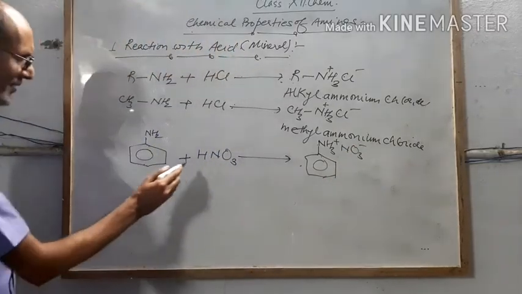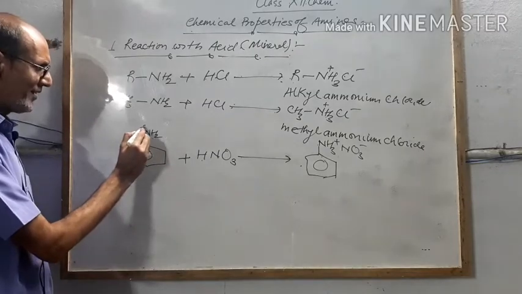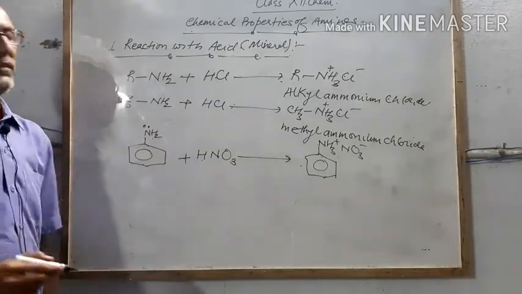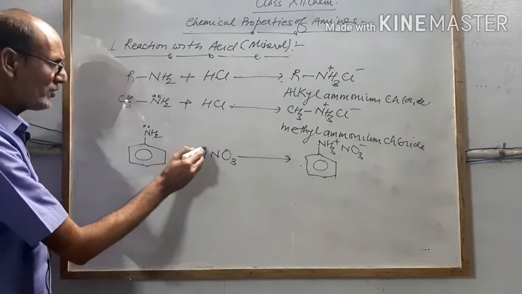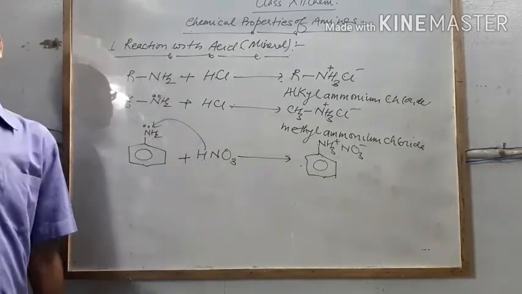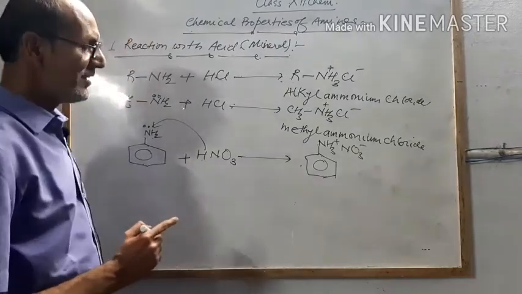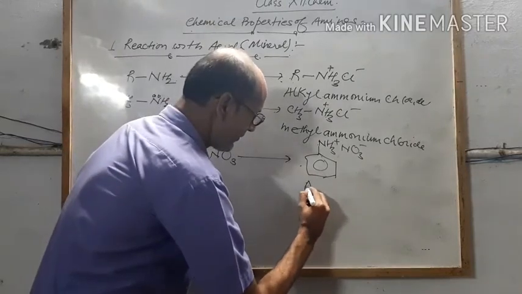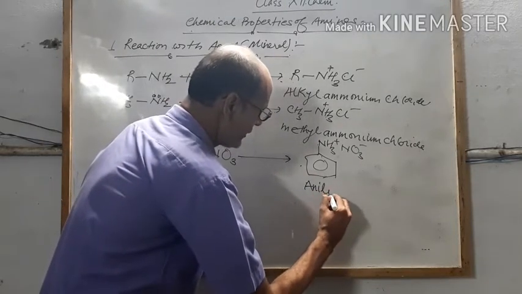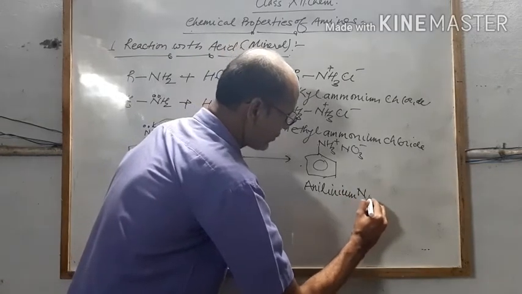See here, this H will be attached here, this nitrogen containing a lone pair. That's why H positive will come and attach here and form a salt. The name of this compound is anilinium nitrate.